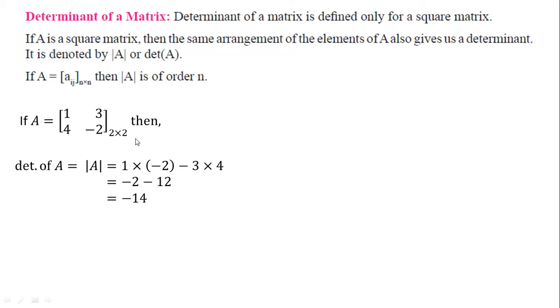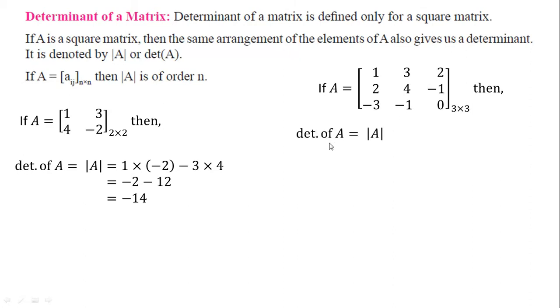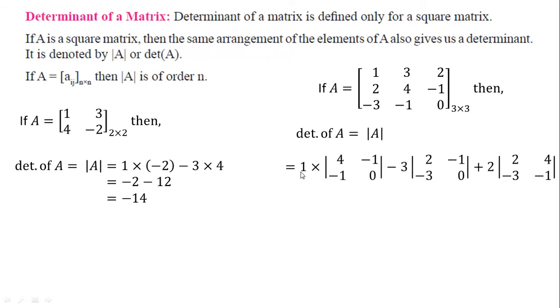Very important concept related to matrix. Now we will take another example for a 3 by 3 matrix. Suppose this matrix is given, then what is the procedure to get the determinant of this? Determinant of A is equal to, we write like this. Now this is a very important step.